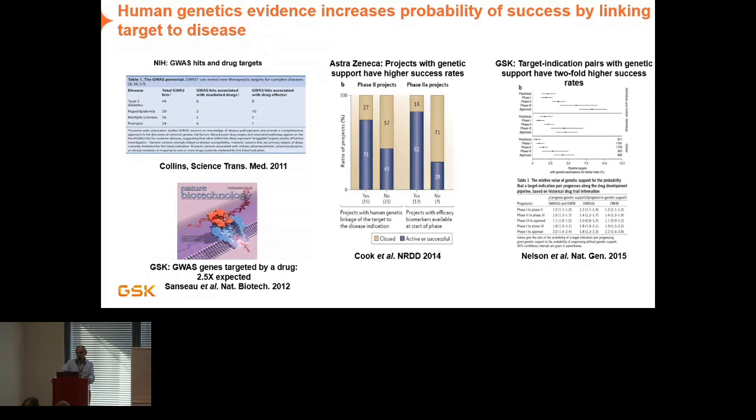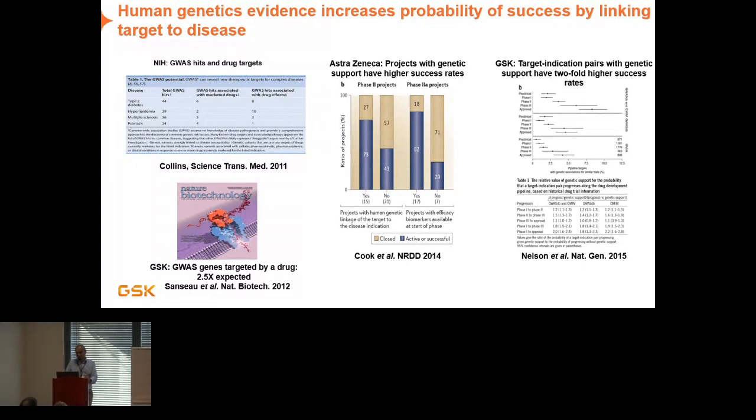Then we published in 2015 a paper in Nature Genetics showing that, again, if you have some genetic signal, and we look at GWAS, we look at OMIM, something like that, you have maybe a twofold higher chance to have a successful drug target. So that's why we've been spending quite a lot of our time and resource using genetics data.